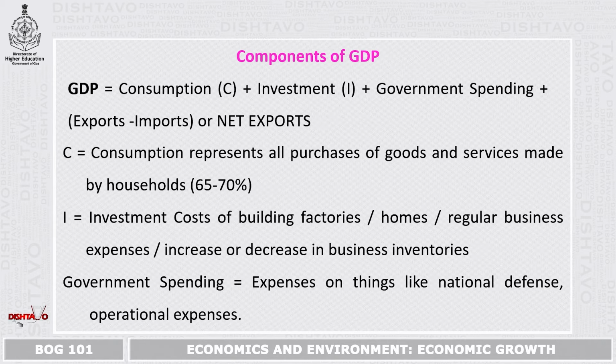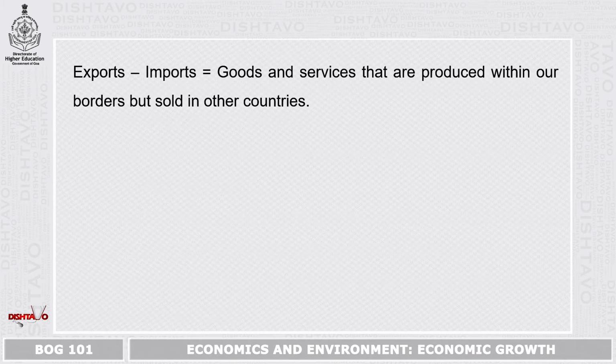Investment, that is I, represents the cost of buildings, for example factories, homes, regular business expenses, and increase or decrease in business inventories. Government spending is the expenses on things like national defense, operational expenses, etc. Exports minus imports covers goods and services that are produced within our borders but sold in other countries.